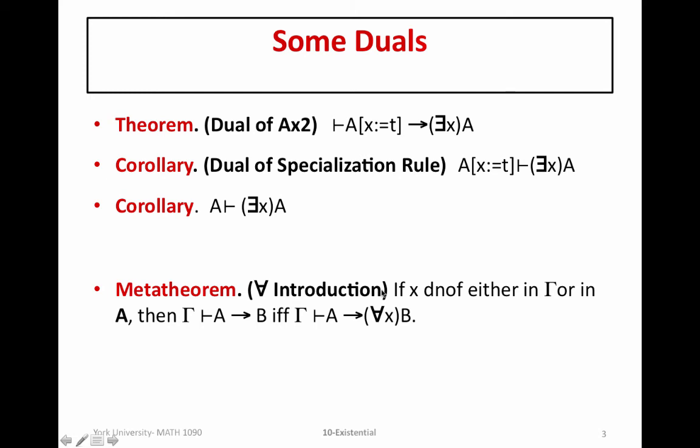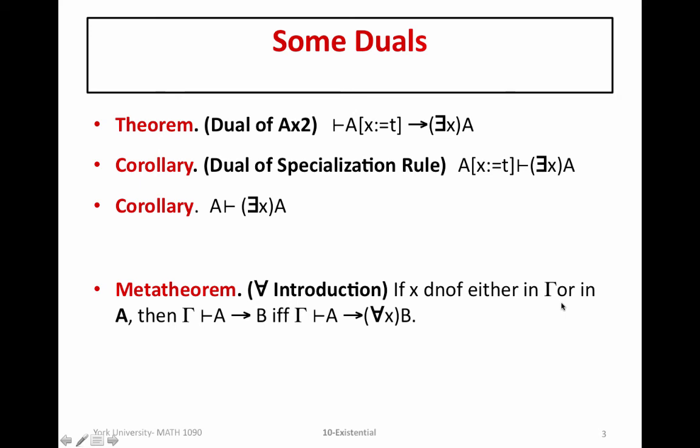If x does not occur free either in the set of hypotheses gamma or in the formula A itself, then gamma proves A implies B if and only if gamma proves A implies for all x B. This allows us to add a universal quantifier to the conclusion so long as x doesn't occur free in gamma and A.